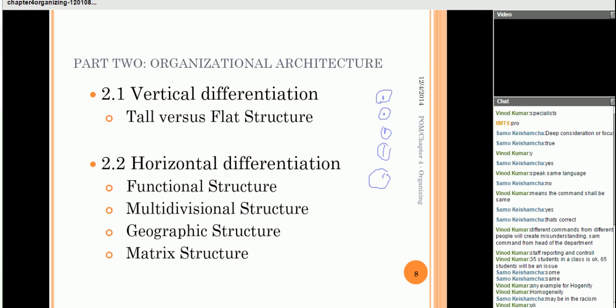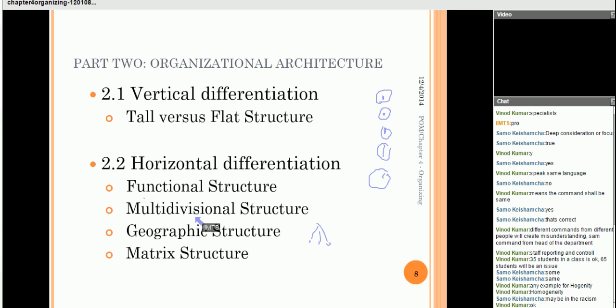And flat is when the structure is like this. Three people, they all are reporting to the same boss. That is flat structure. Then horizontal differentiation is functional structure, when the division of work is done according to the functions. Then multi-divisional structure, when there are different divisions; this type of structure you normally see in factories.